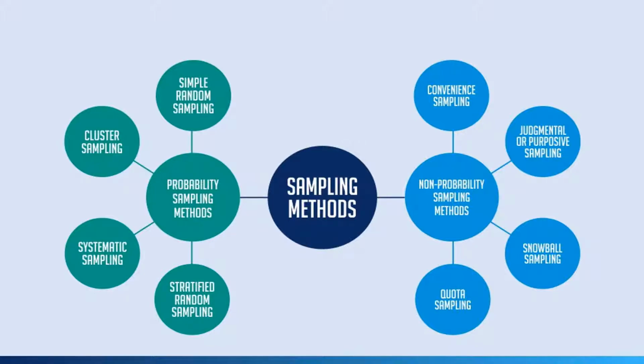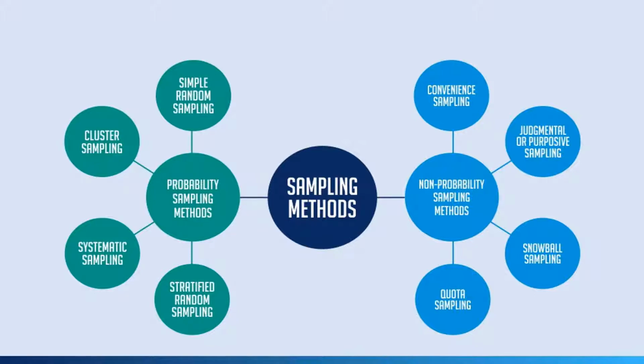The key word there is that in probability sampling, all the population must have equal chances of getting selected. So that's why it's called probability sampling. There should be a statistical theory on how to select randomly your sample.